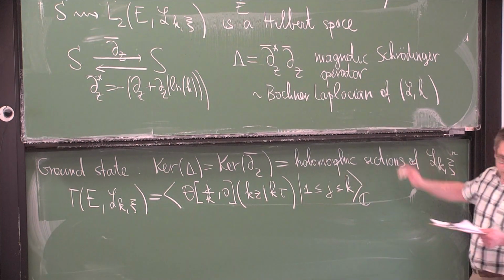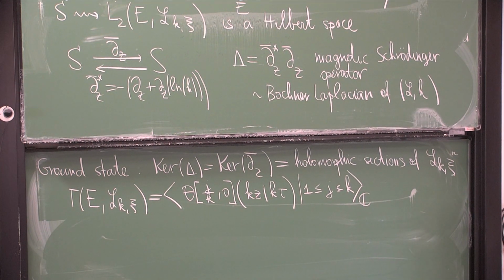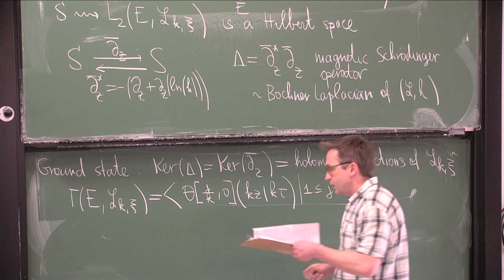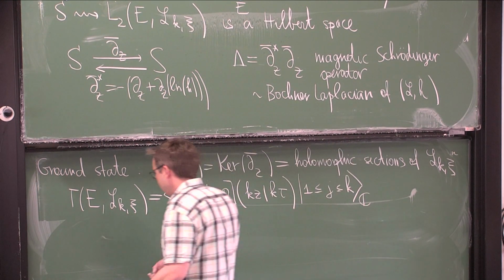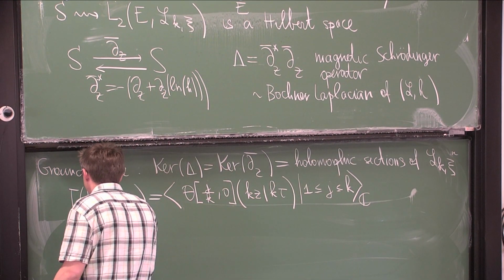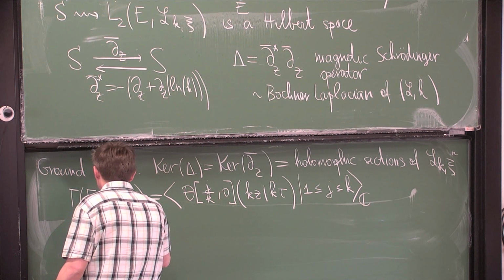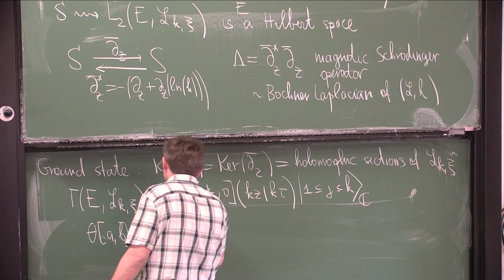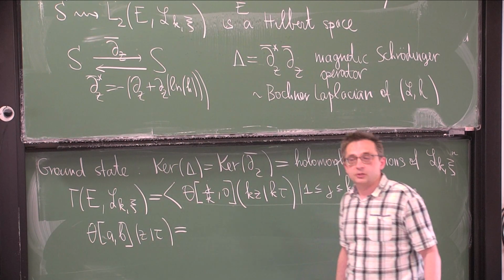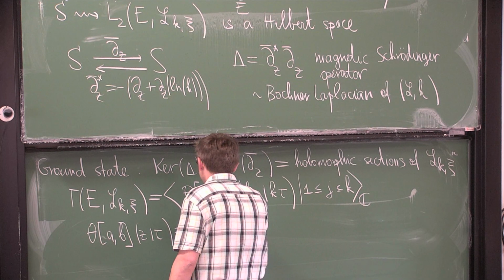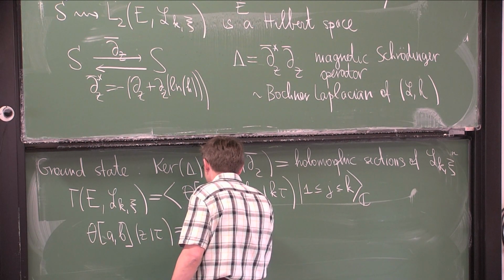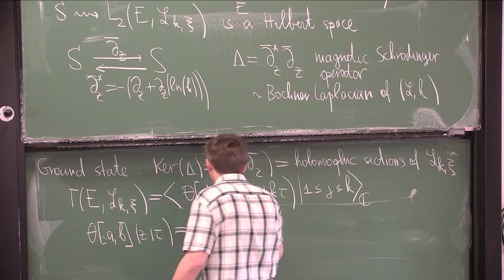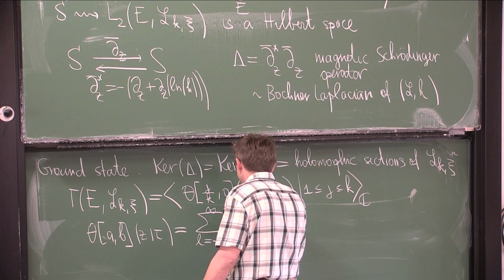Let me also recall the definition of theta functions with characteristics, because we will also speak about multivariate theta functions later on. They are given by some explicit series with some exponential terms.